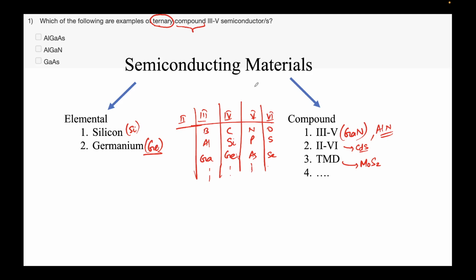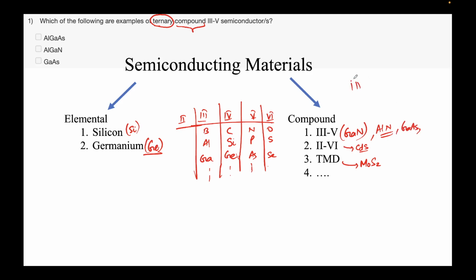Compound semiconductors have further classifications: III-V, II-VI, TMD, and so on. And the second term I was talking about, III-V, you now understand why compound is a separate category. In fact, III-V also includes gallium arsenide, again a very famous example. So you can see these are III-V.